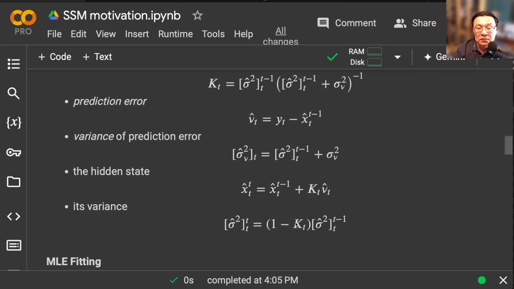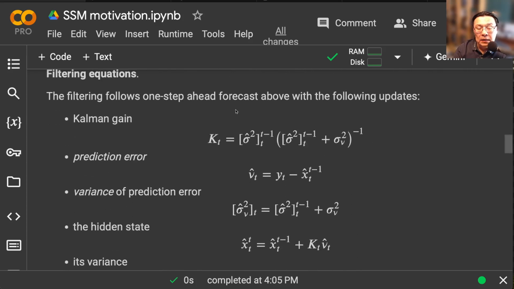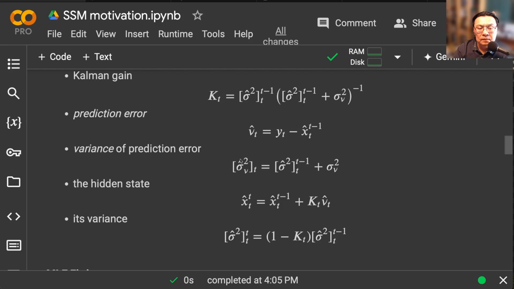You see, it's 1 minus Kalman gain, but then we would be multiplying it. Oh, wait a second. Variance is not using the current error. Yes, it will use it later, but the state does, right? So here we have this previous estimate, or a forecast, of the state variance, and then we get the new estimate using the Kalman gain here.